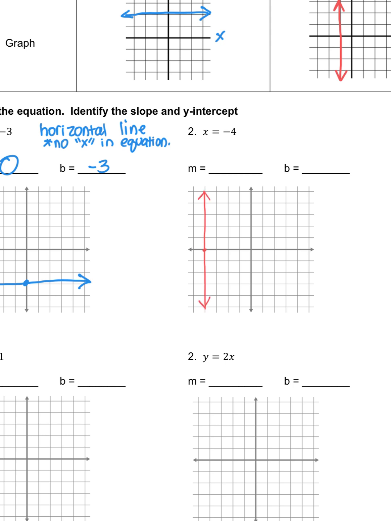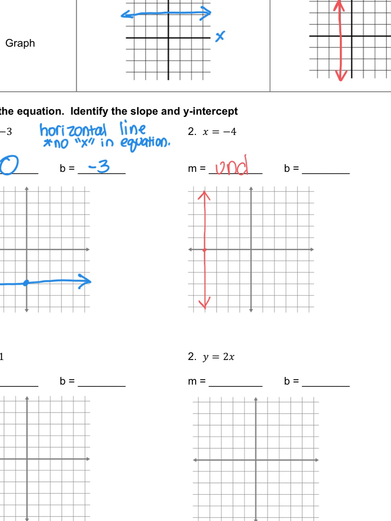Now, what is the slope of this vertical line? Is it 0 or undefined, according to what we just found? Undefined. It is undefined, so we can write UND for undefined.